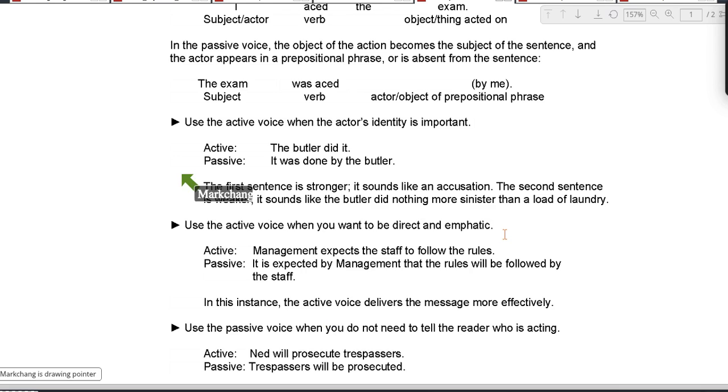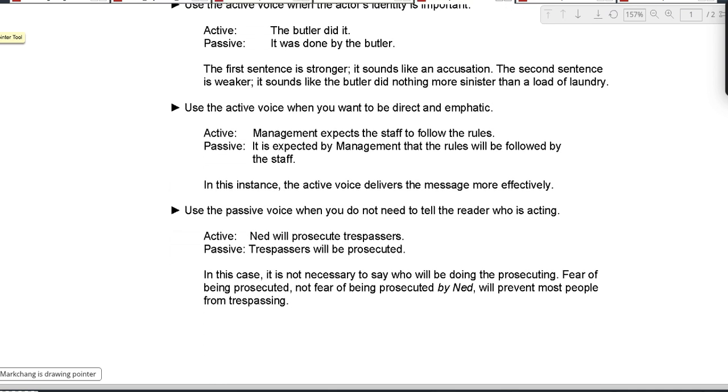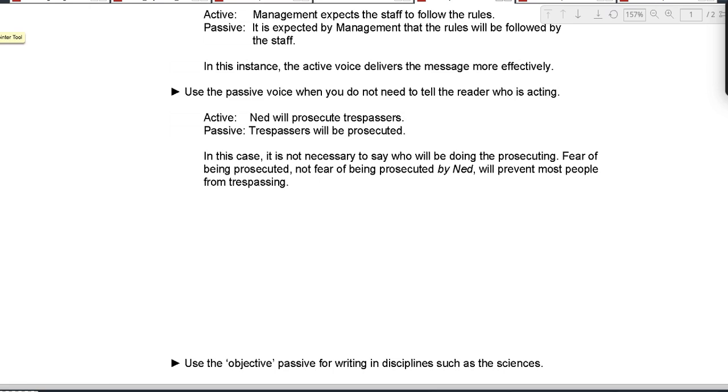But this one is weaker. Weaker is the comparative degree; weak, weaker, weakest. So the second sentence, in passive voice, "It was done by the bullet," means you are not talking about any big mistake.